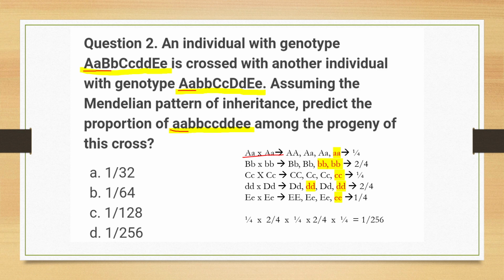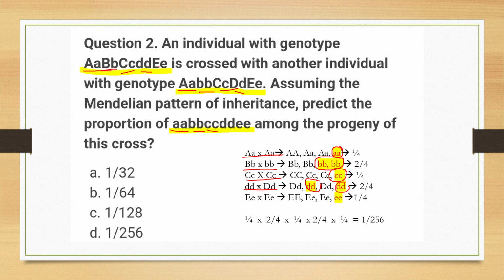You can find that out of 4, one is small a. Next, capital B is crossed with small b, and out of 4, 2 are small b, which is your required genotype. Then capital C is crossed with capital C small c, and there is only one small c. Then small d is crossed with capital D small d, and you can find two small d here.